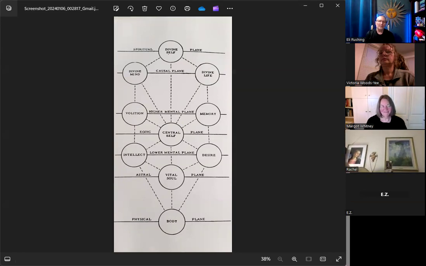Notice on the simple tree that the suspended man is the first path on the path of return, meaning working backwards from the world back to the pool, that we encounter. It leads us from the level of the lower mind, here, the lower mental plane, to the level of the higher mental plane.